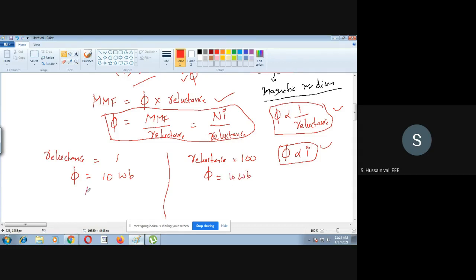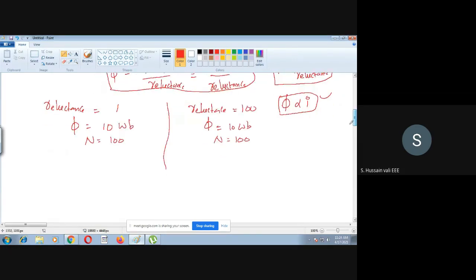Now assume the number of turns is 100 here, and also 100 here. Everything is the same except the reluctance, which is different in both cases. The question is, what is the value of I required?